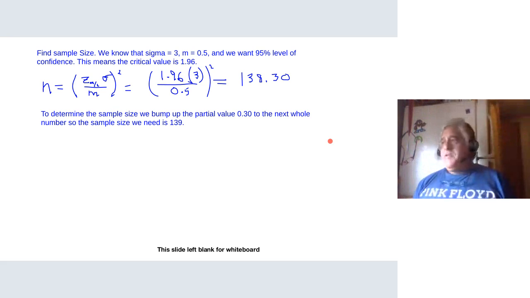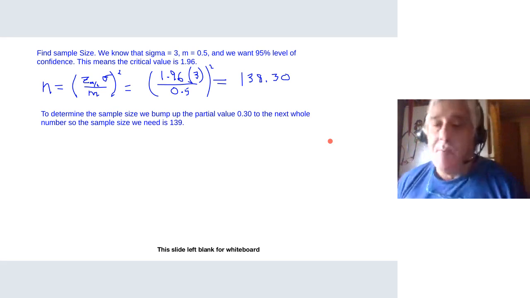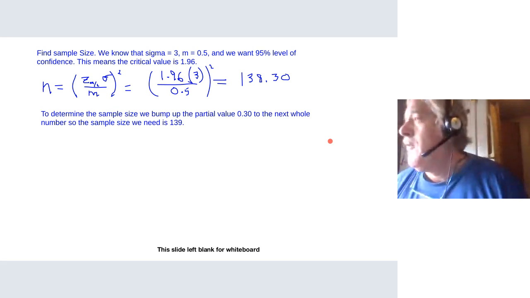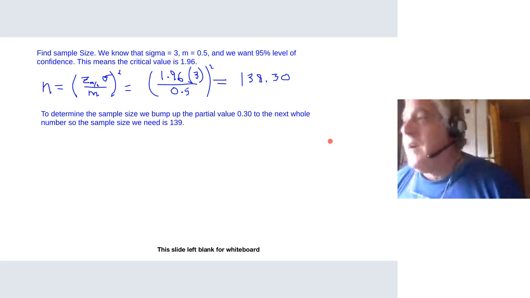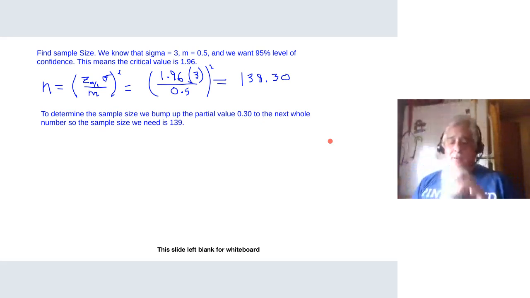It's almost a common sense thing, because if you were to just lop it off and sample 138 mice, that's not large enough, because we got to have that third of a mouse in there, and the only way we can do that is to go up to the 139th one.